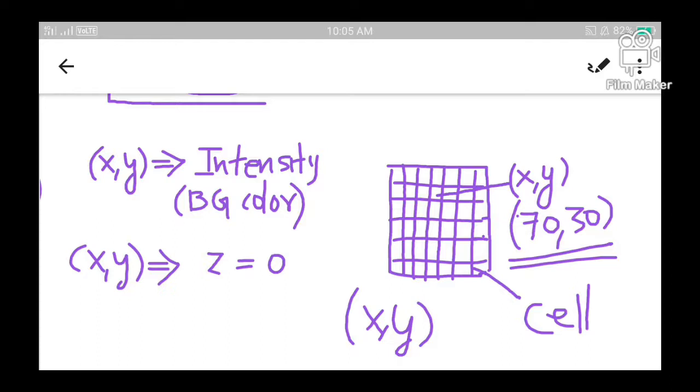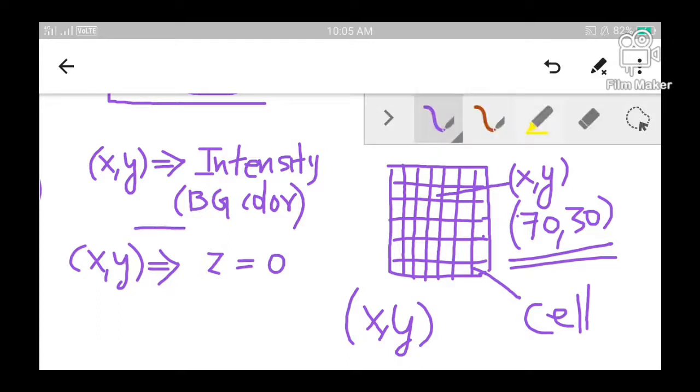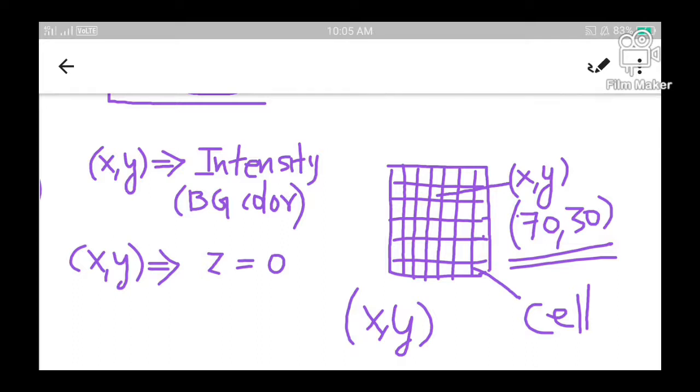We can set the intensity value or the color for each pixel as background color. Clear? What did I say? We can set the color or intensity value for each pixel on the screen as background color. Initially, every pixel from the starting row to the last row will be having its color as background color, and this is what we do in the initial stage of this algorithm.